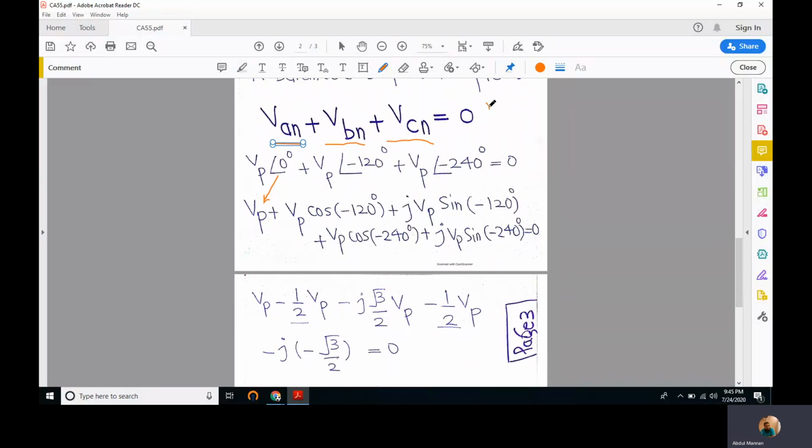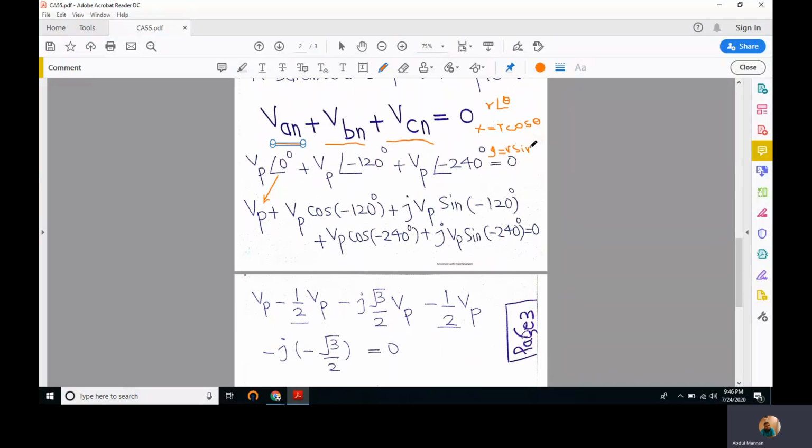This is the same as R at an angle of theta, and we know that we can convert this polar number into a rectangular number, like x is equal to R times cosine of theta and y equals R times sine of theta.